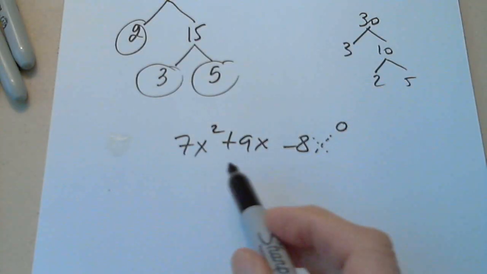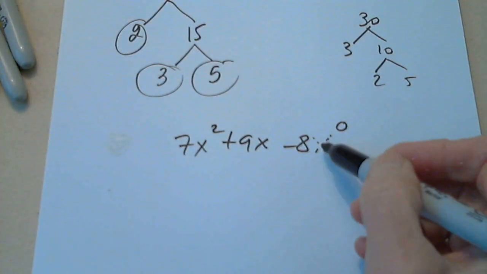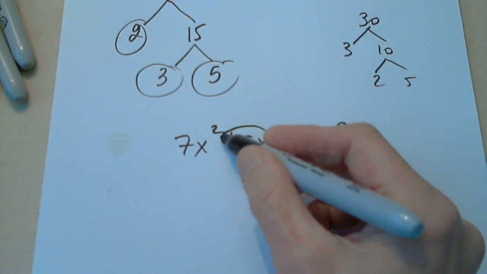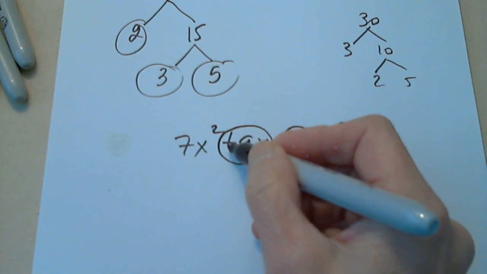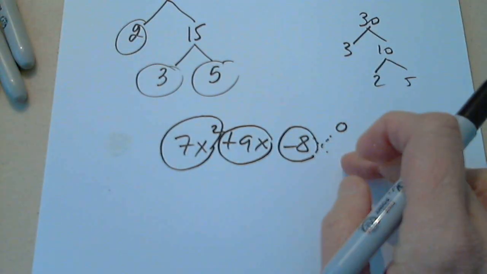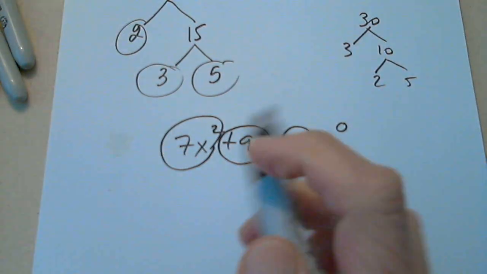So this is the first term, this is the second term, this is the third term. Remember, the sign in front of the term is part of the term. They are in descending order.